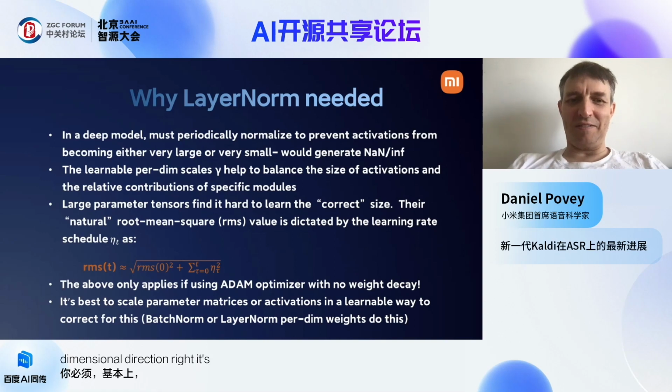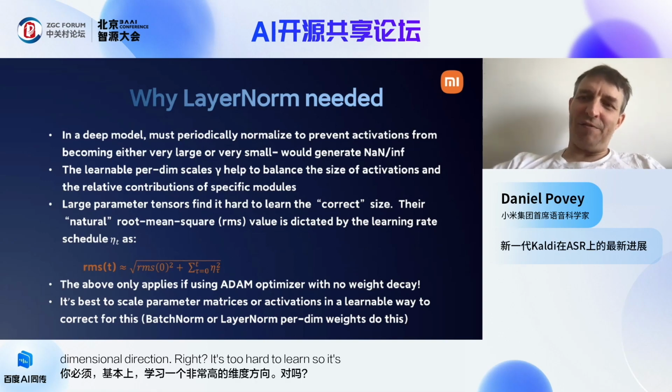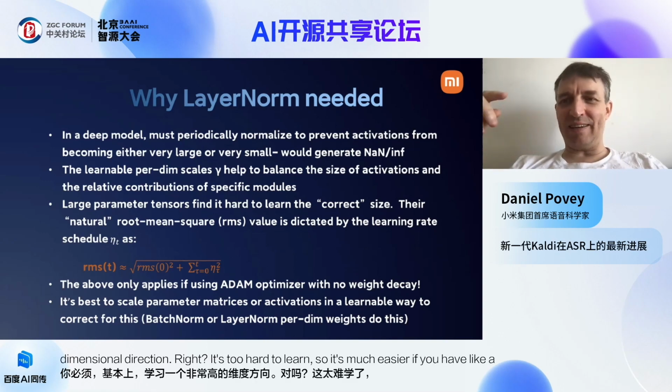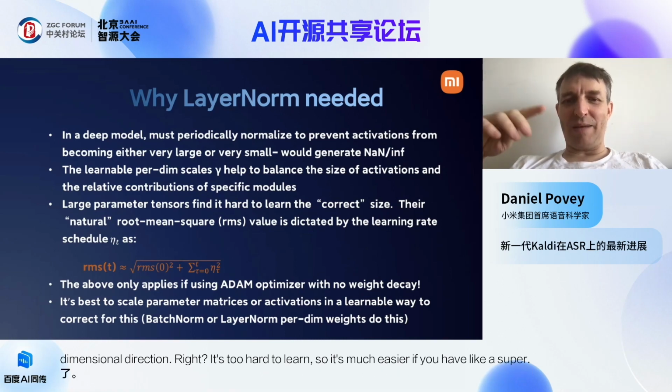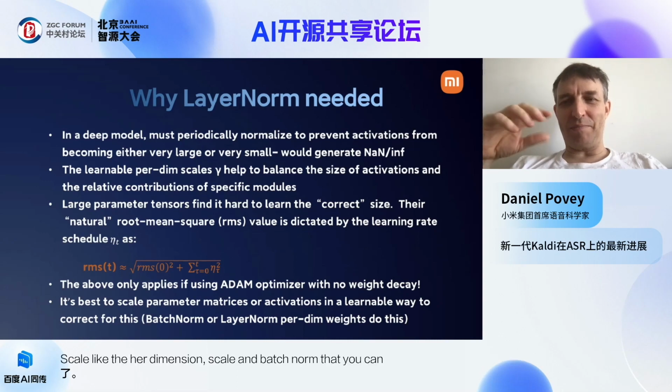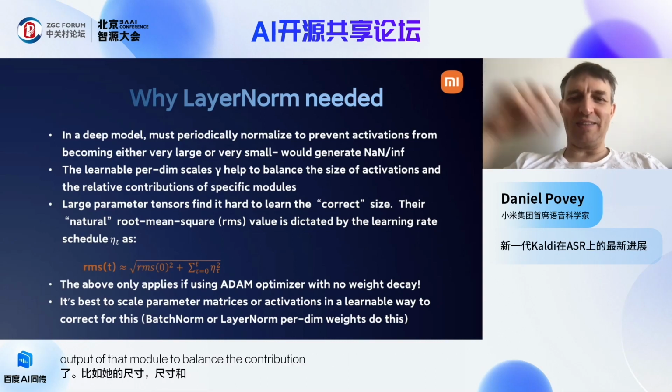It's too hard to learn. So it's much easier if you have a separate scale, like the per dimension scale in BatchNorm, that you can just scale down the output of that module to balance the contribution of those 4 things.